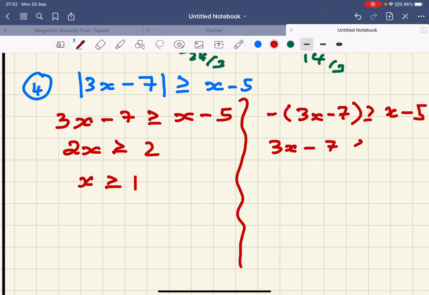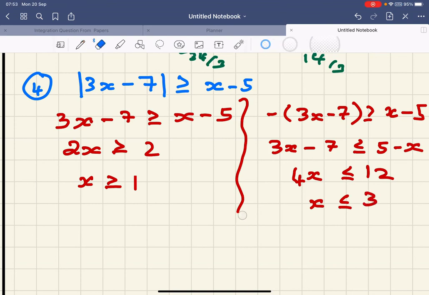When I do that, I get 5 take away x. I've multiplied both sides by negative 1, and because it's an inequality, I flip that sign over. Now when I add this negative x to both sides, I get 4x less than 12. So x is less than or equal to 3.